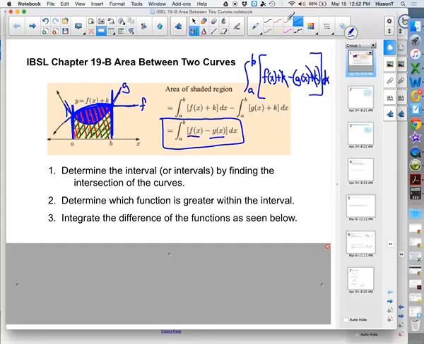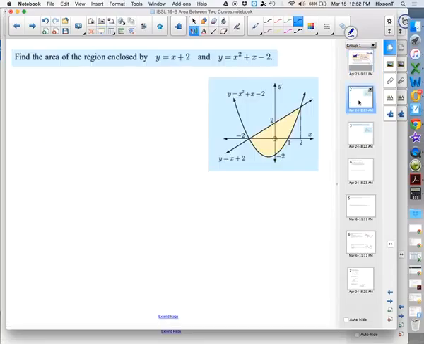Then, integrate the difference as seen above. What you'll find with these is that sometimes it gives you a very simple function to integrate because you're subtracting and things might cancel out. So let's look at an example and run through this whole process.